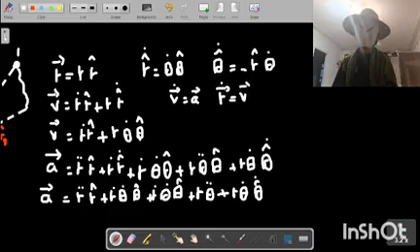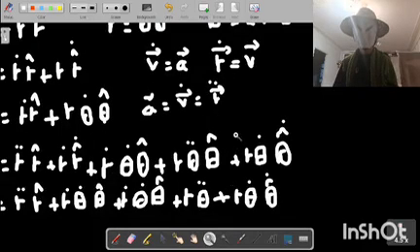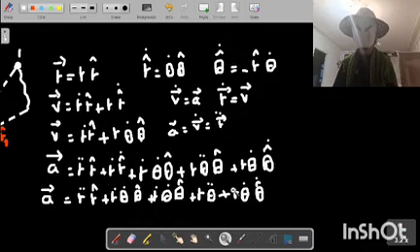Just remember that. We're just gonna make this a little bit pretty. V dot, the vector of R double dot. There we go, just like that. Pretty nice, pretty clean with it.